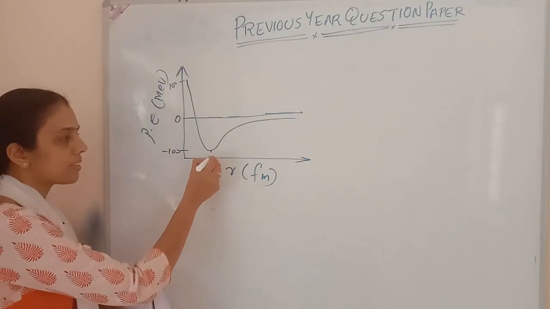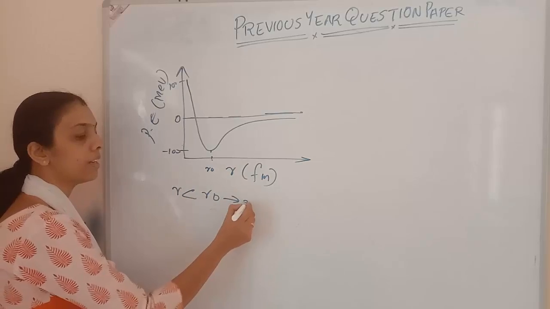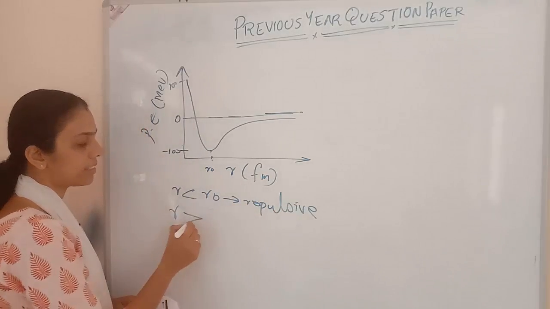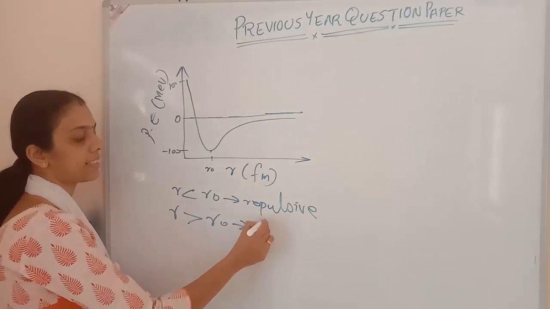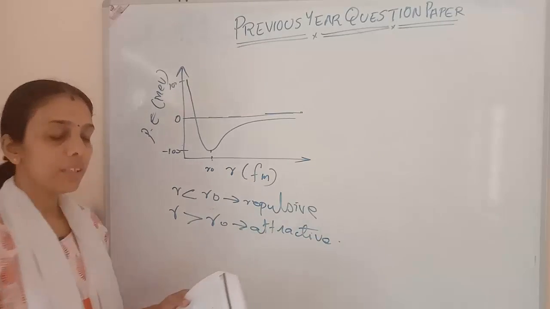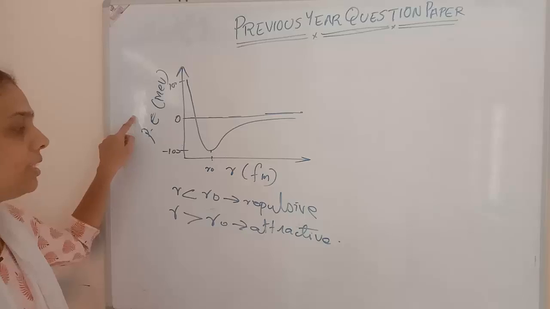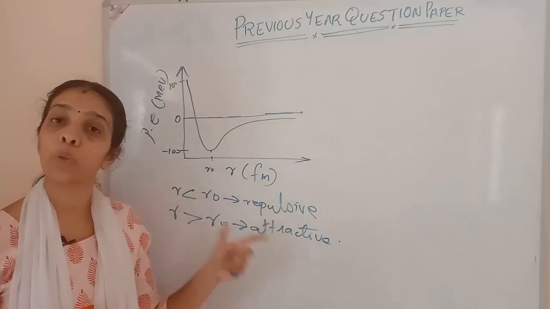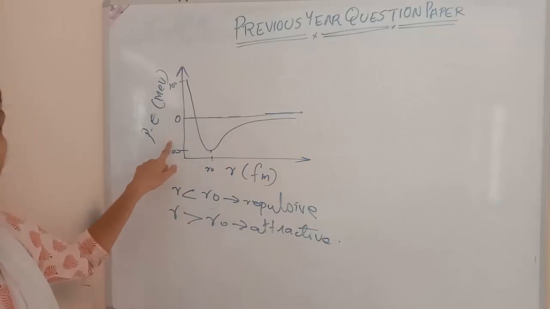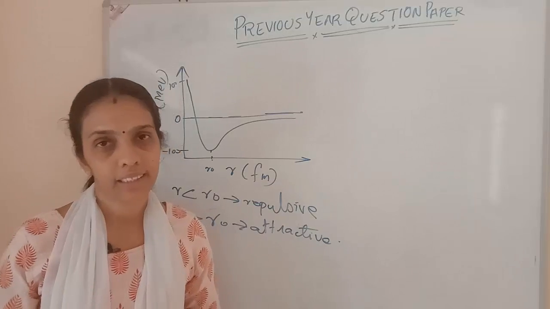Okay, so this is R0. R less than R0 will be repulsive force, and R greater than R0 will be attractive force. This is the diagram of potential energy and the distance between the nucleons.